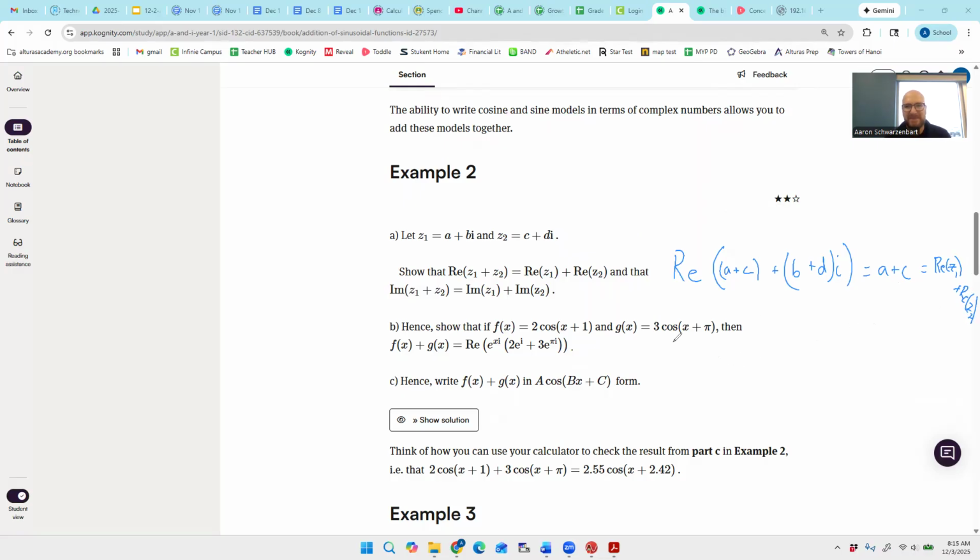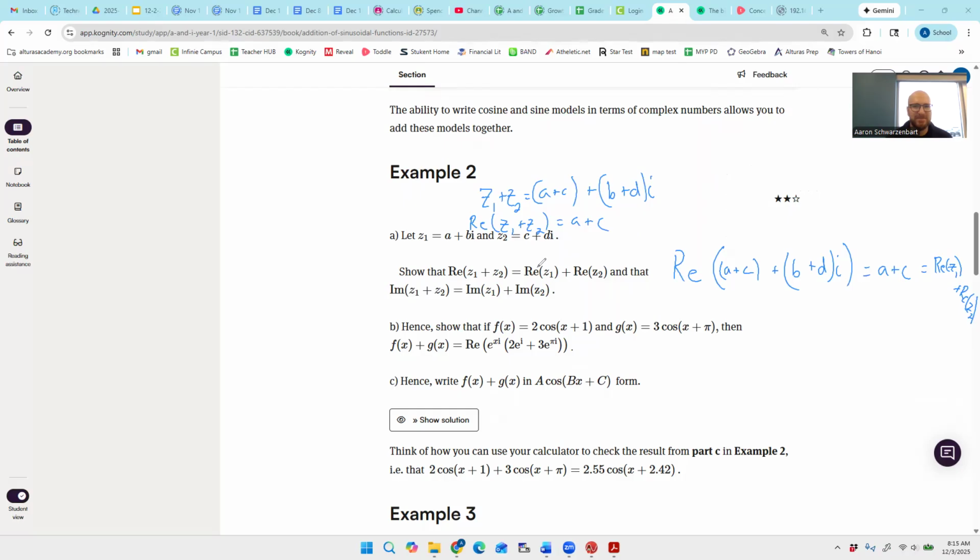Yeah, so if I'm adding these, I get a plus c, right? Complex numbers. Okay, yes. So the real part of this, and the imaginary is going to be the same thing, so it's just a plus c, correct?